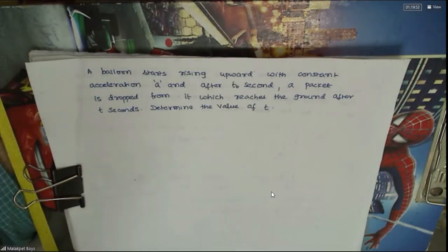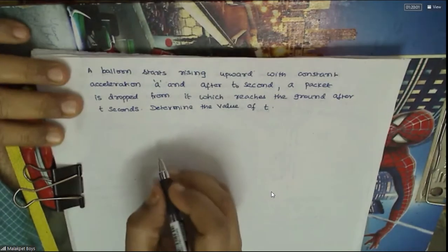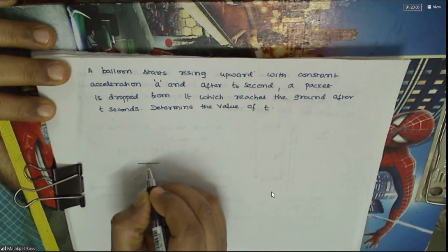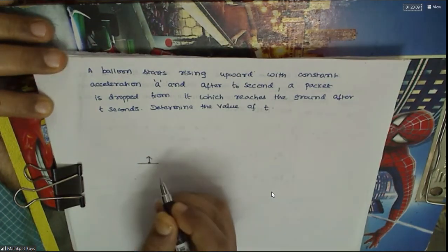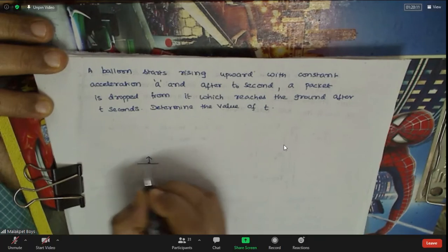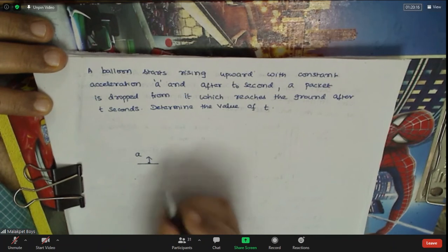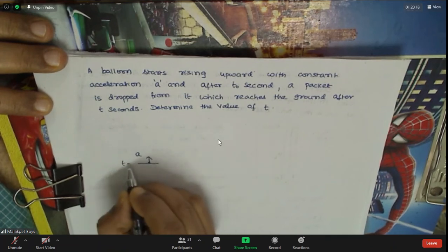Yes, sir. See, a balloon starts rising upward. Okay, with what velocity? Okay, acceleration. The velocity is zero. It starts with acceleration. Okay, t equals to 0.